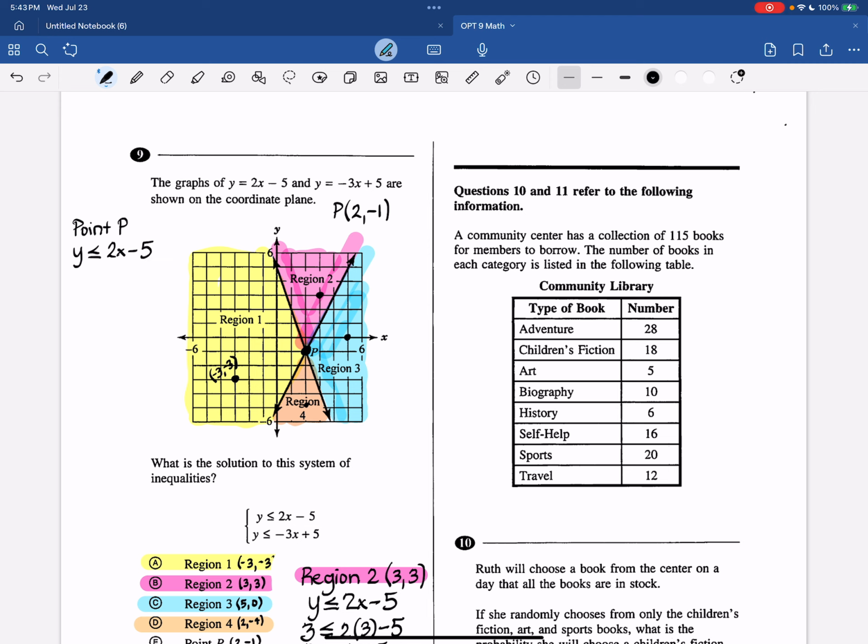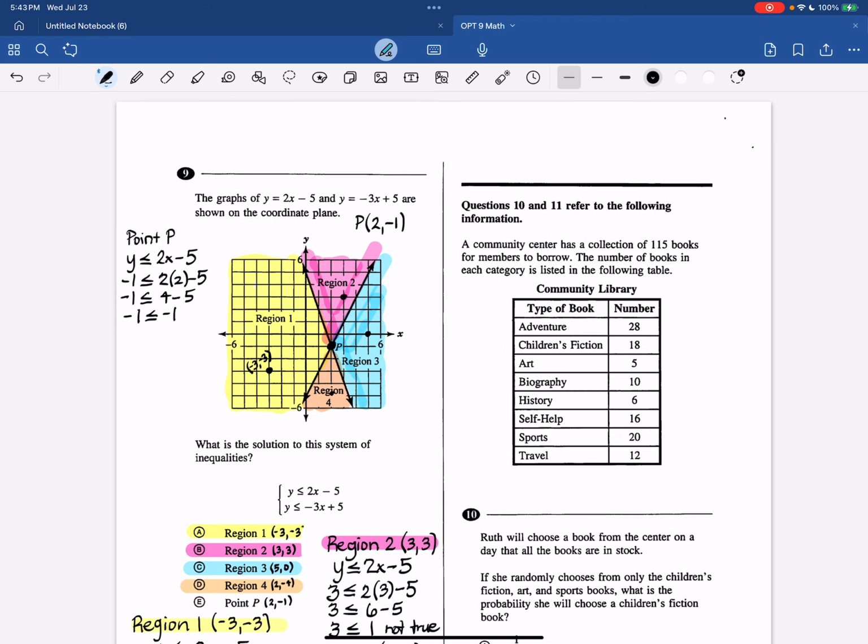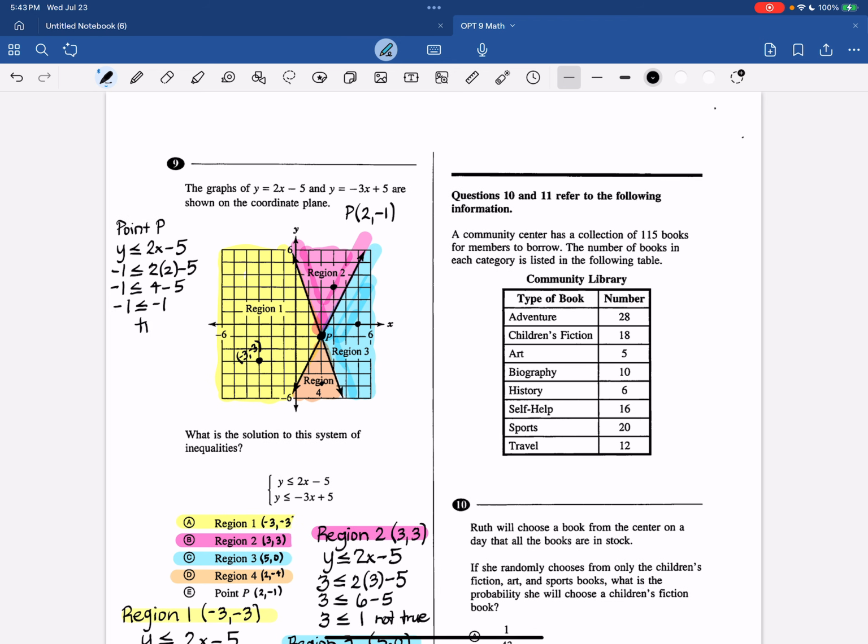I am expecting a false here, but we need to know. -1 is lower down than 2 times 2 minus 5. So -1 is lower down than 4 minus 5. -1 is less than or equal to -1. So this is a situation. This turns out to be true.